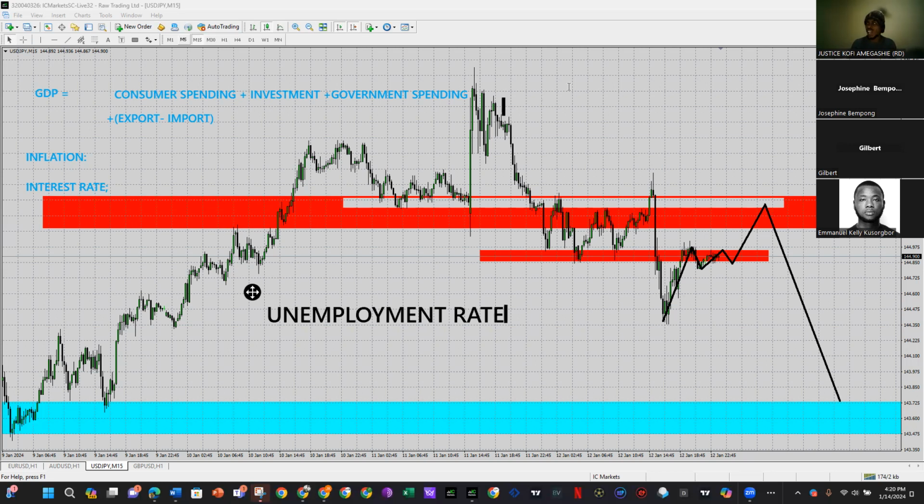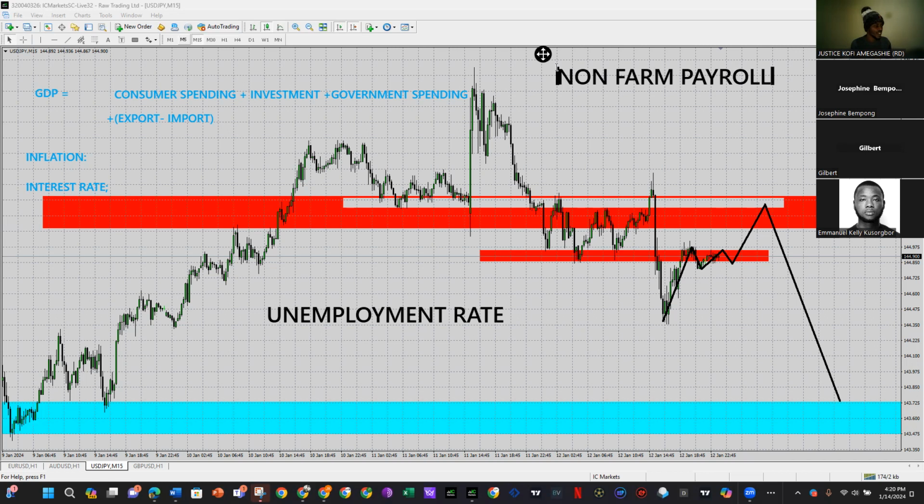But the US dollar has some other news that are serious that you need to look out for. And one of them is non-farm payroll. Yeah, so non-farm payroll is released every first Friday of the month.